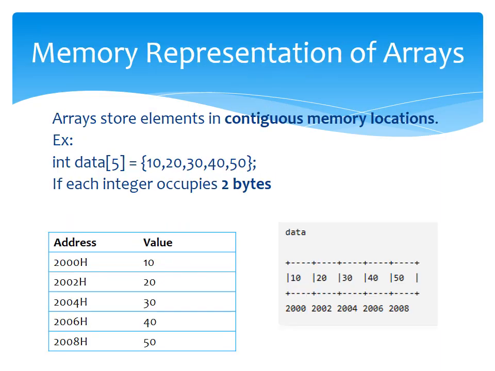The next is memory representation of arrays. These are derived types, and when you represent an array, it should be in a continuous memory location. For example, int data[5] is given, and you have given some values.